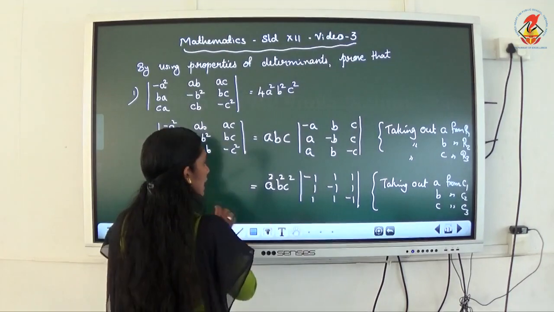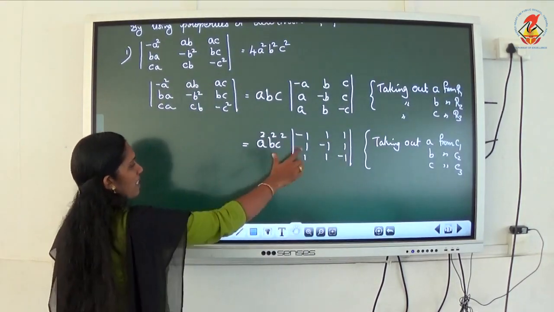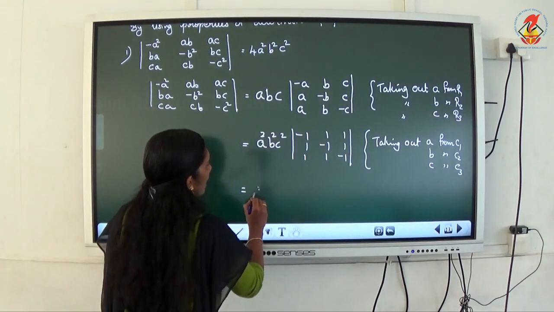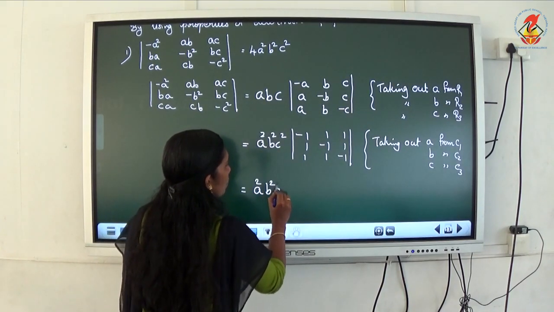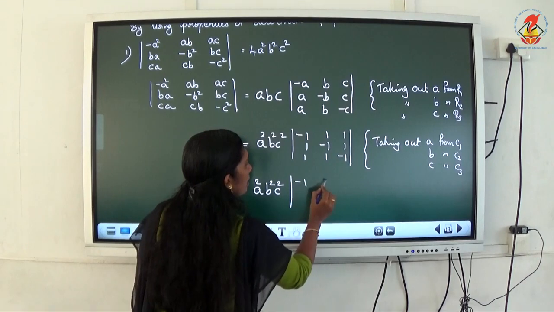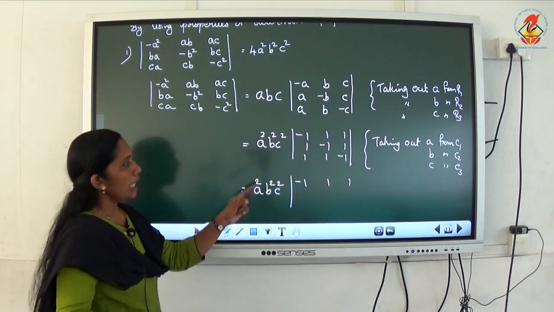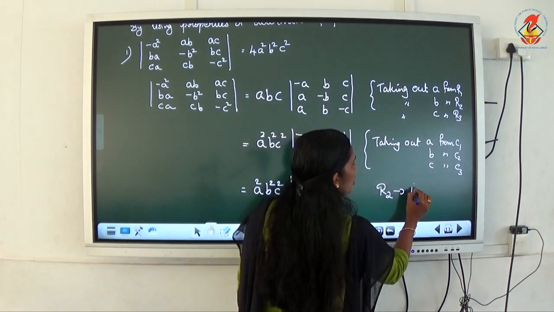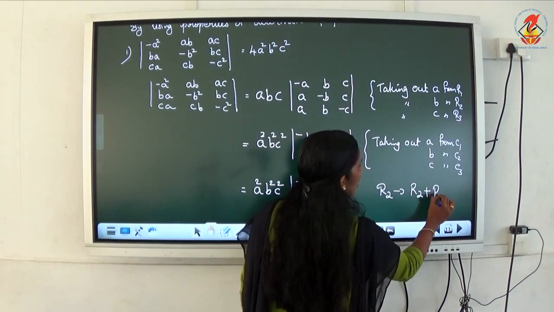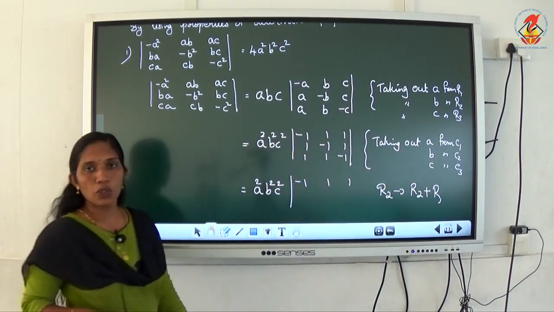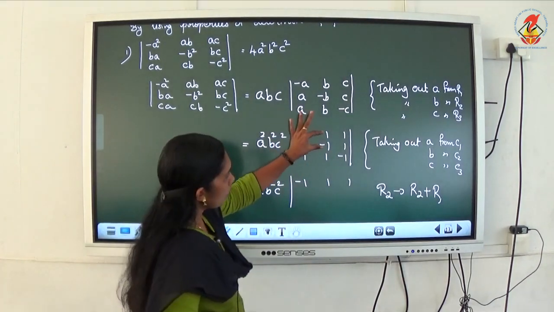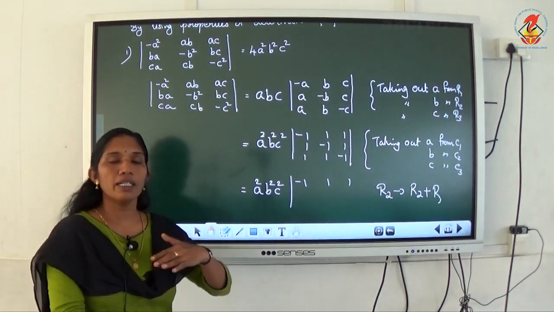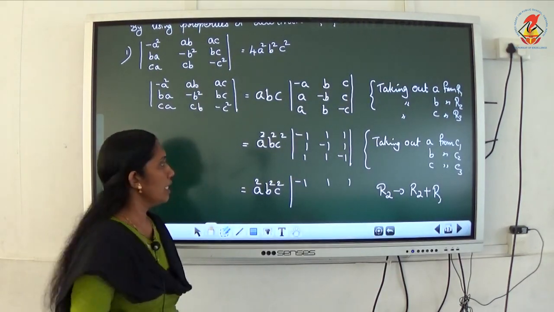Then now again we can simplify. Expansion is a little bit difficult, so again we can simplify. a², b², c² times the determinant [-1, 1, 1...]. If I write R2 → R2 + R1, then that becomes 0. This also 0, then here we get 2. So if zeros are there, it is easy to expand.